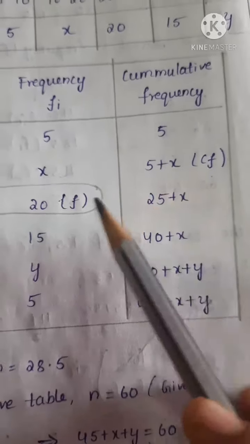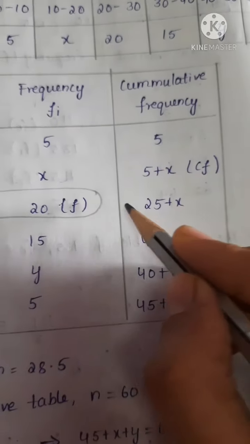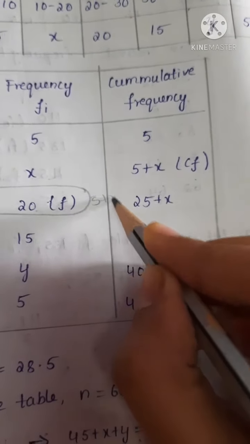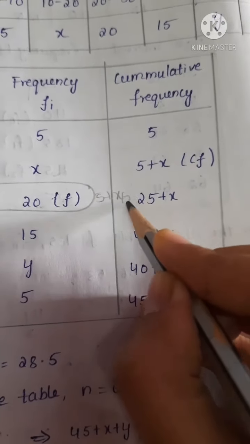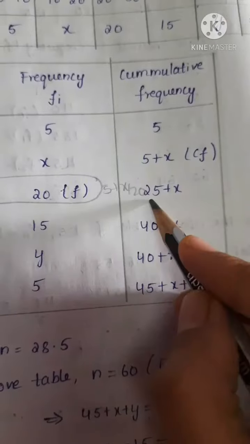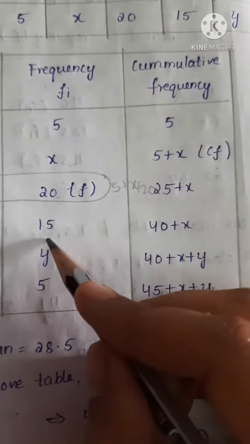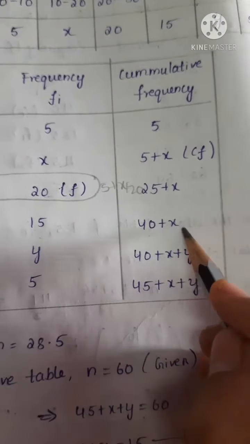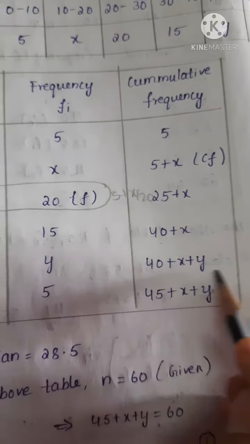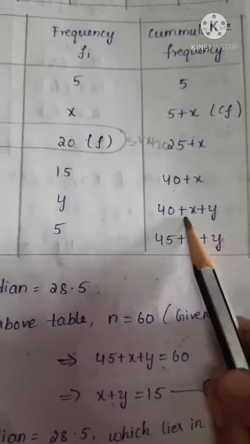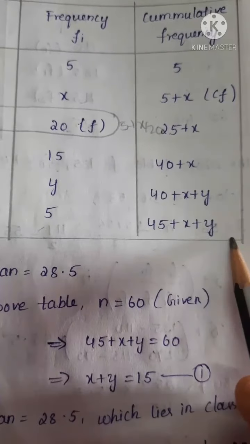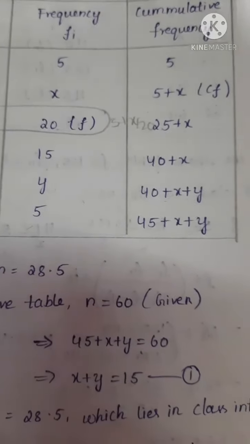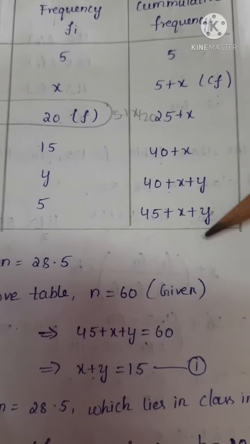Next, 5 plus x plus 20: 5 plus x is the previous value, now you add 20, so you get 25 plus x. Next, 25 plus x plus 15 means 40 plus x. Next, 40 plus x plus 5 gives 45 plus x, plus 5. These are the cumulative frequency values.